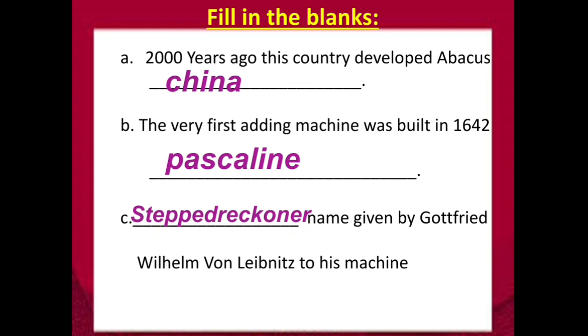So, 2000 years ago this country developed the abacus: China. The very first adding machine was built in 1642: Pascal line. The name given by Gottfried Wilhelm von Leibniz is Stepped Reckoner.